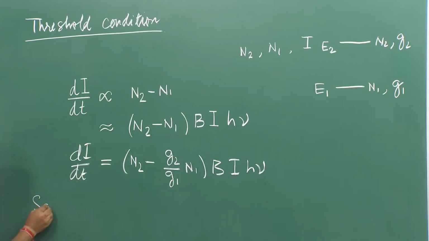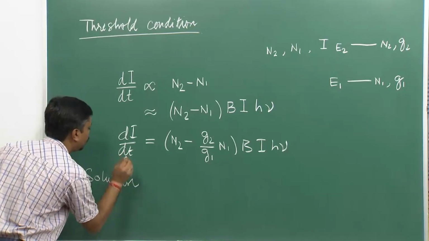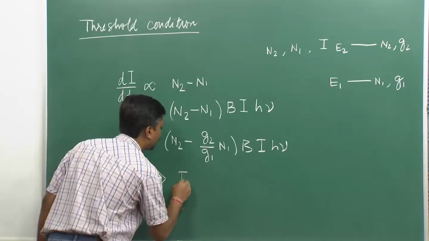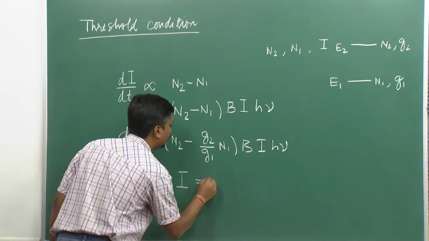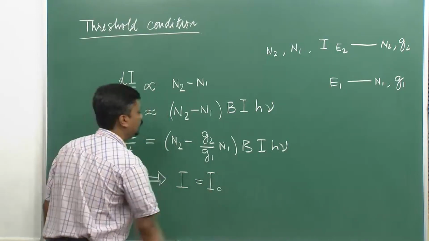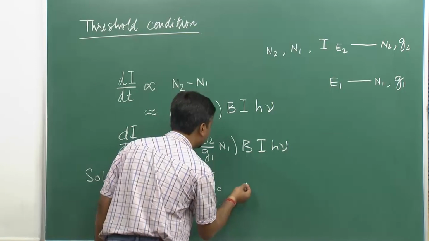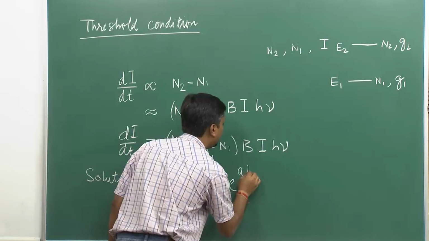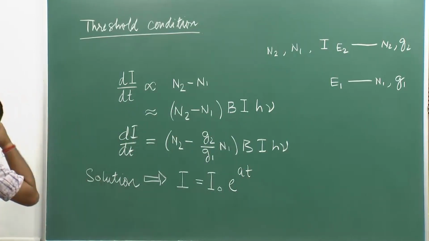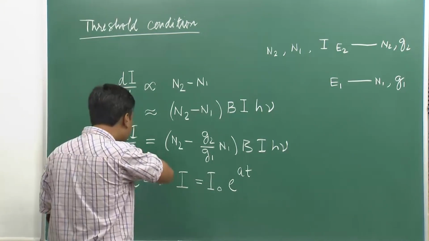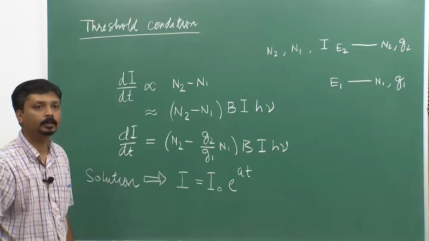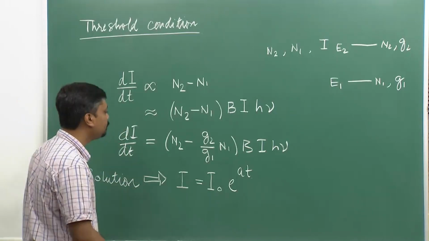The solution is I equals I0, at a time t equals 0, e to the power a t. All right. Now, this is the expression of intensity of stimulated photons at any given time t.